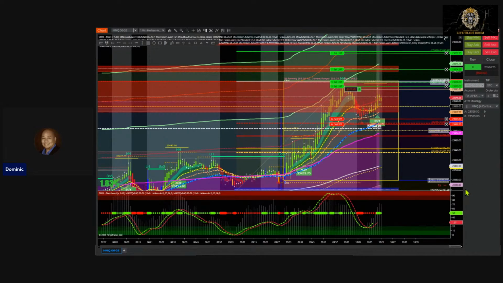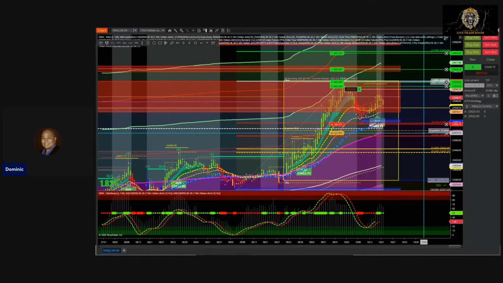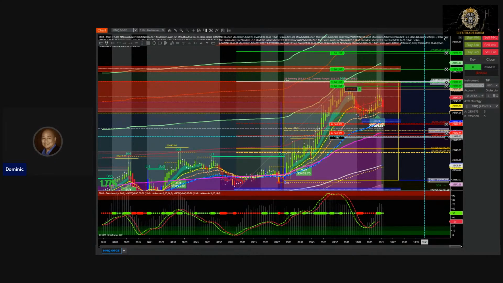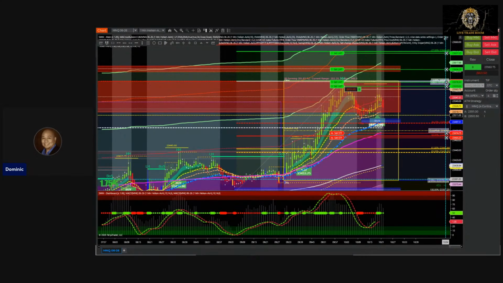Wow. Probably just a 34. At the most, it's going to be the 55. Trying to pull back into the fib again. But look at this. We have that much pulled back. Oh, I hate this.